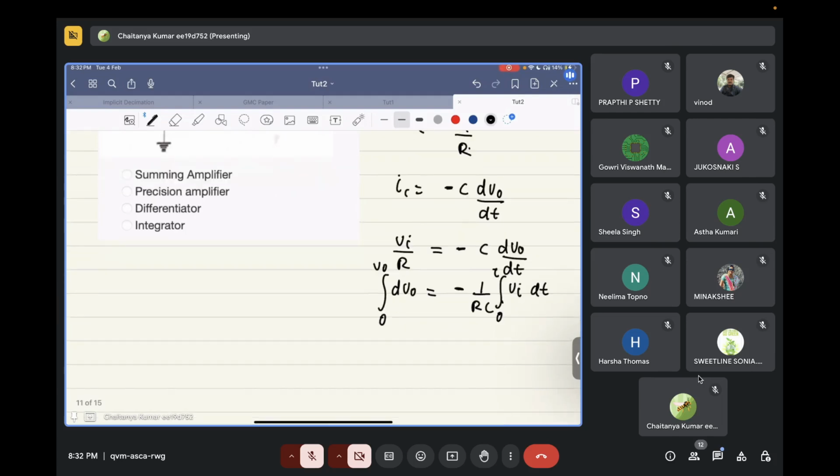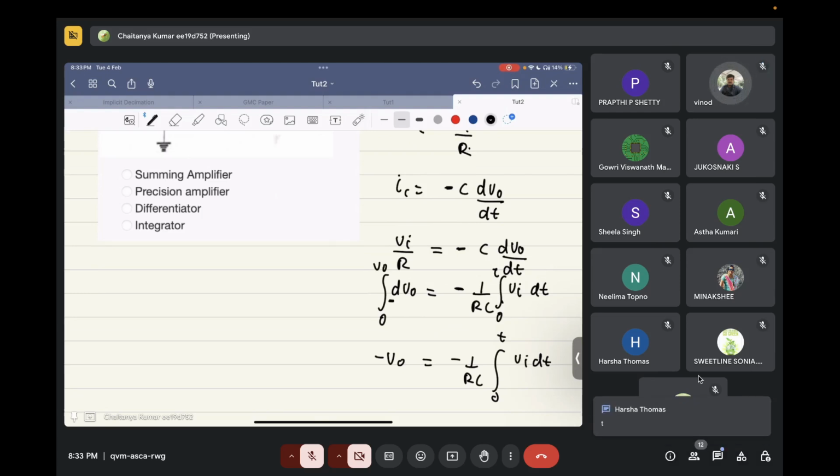Okay, so basically what we will have, integration of unity is equal to V naught is equal to minus 1 divided by RC, integration of 0 to t Vi into dt.